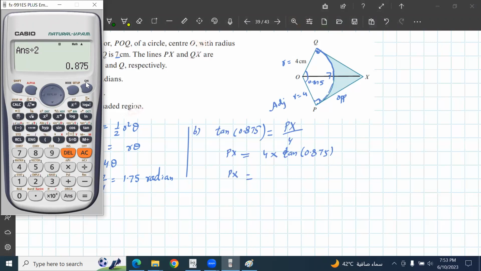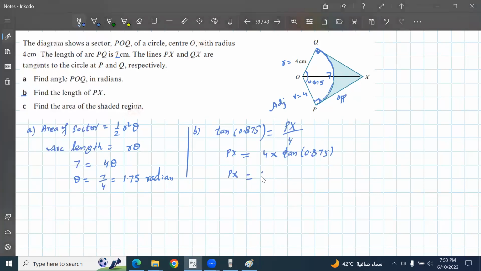Remember that your mode must be in radian. Okay, so let me change into radian. Now I will check 4 multiplied by tan 0.875, that gives me 4.789.